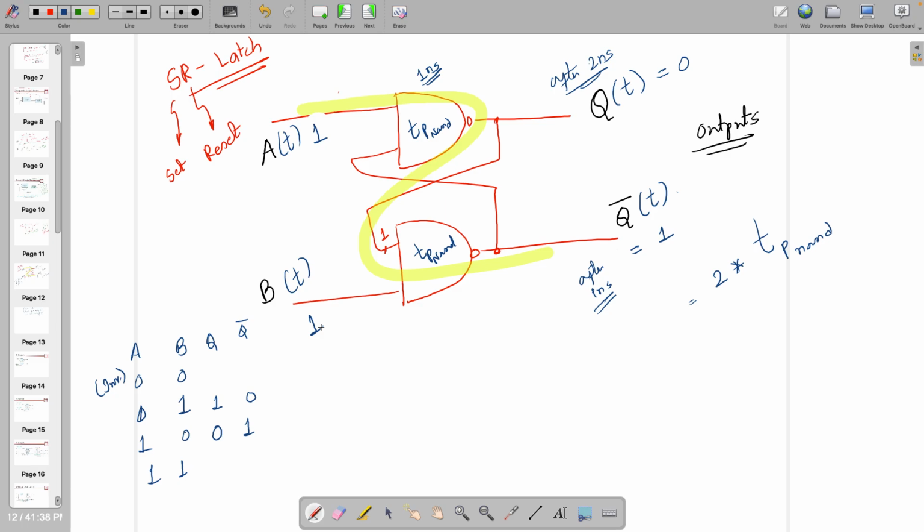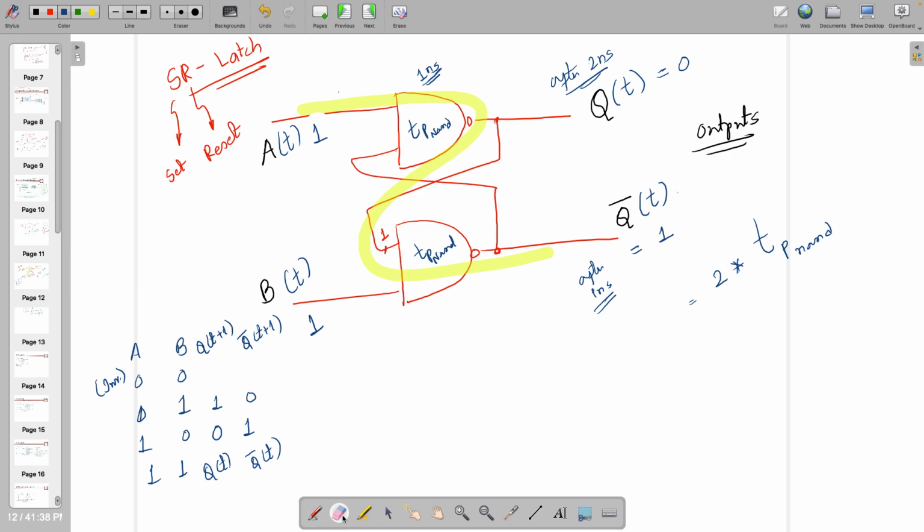It's the previous value. Now I am changing this notation to Q(t+1) and Q bar(t+1), so that I can keep it here as Q(t) and Q bar(t), because it's not going to change; it depends on the previous value.